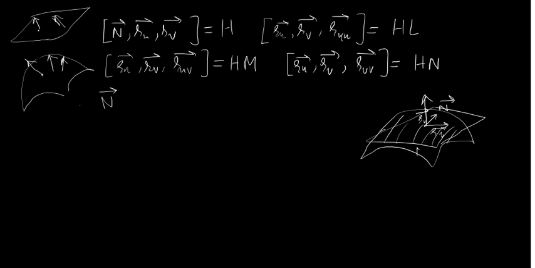So n actually encodes the information of how the surface is going around, meaning when we move from one point to another point, what's happening in terms of the curvature.